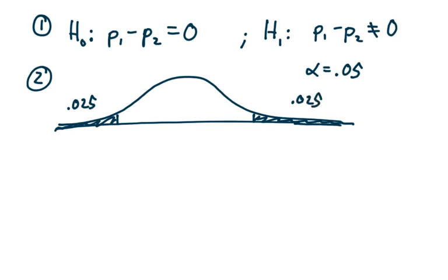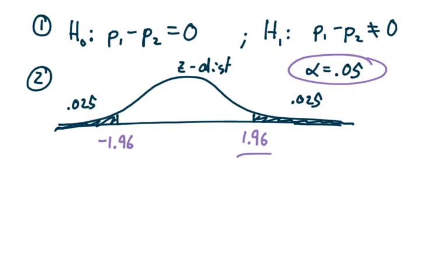This is one of the ones where we don't have to look it up. Since we're using the Z distribution, we don't have degrees of freedom that change up on us. And so whenever they give us alpha equals 0.05, we have plus or minus 1.96 as our values. And yes, I did check those, and yes, they are correct.